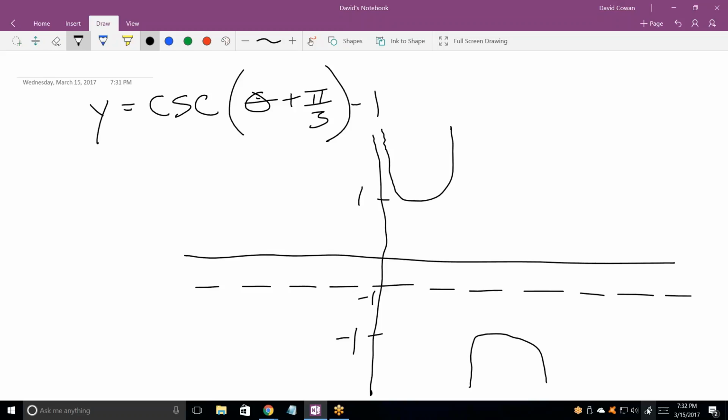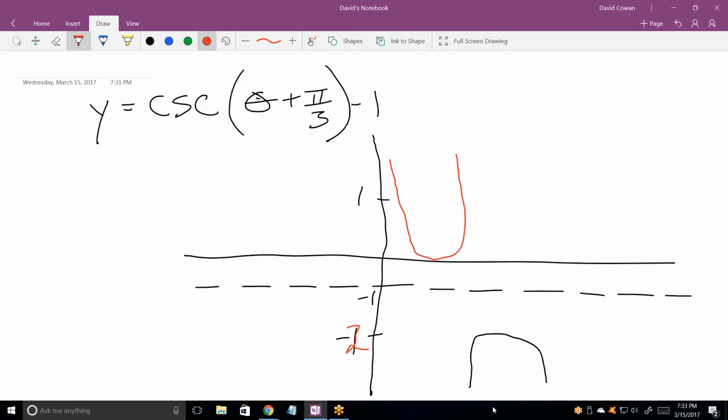But if I'm moving everything down by 1, then my new cosecant, if I'm just talking a vertical shift, it's going to look like this. It's going to go down to 0. And this one is going to start at -2. Notice how they are both equidistant from my new horizontal line of symmetry.